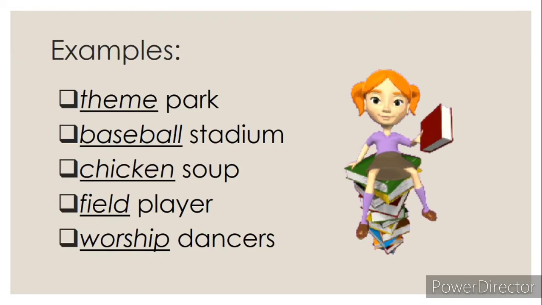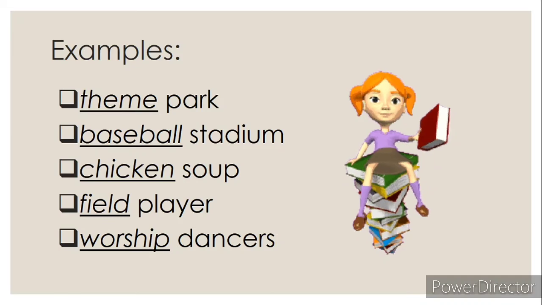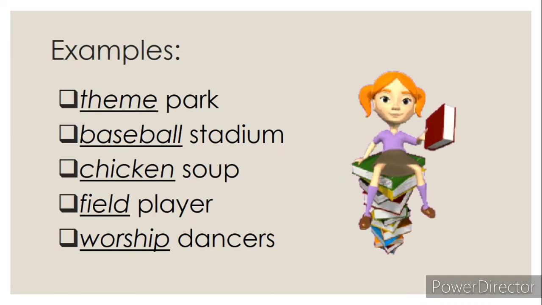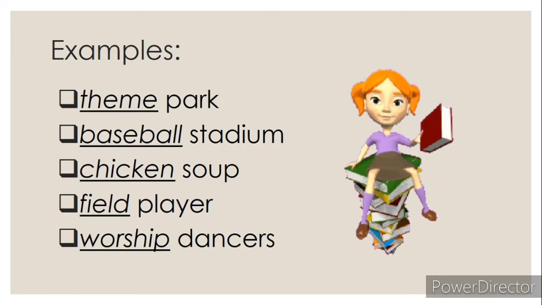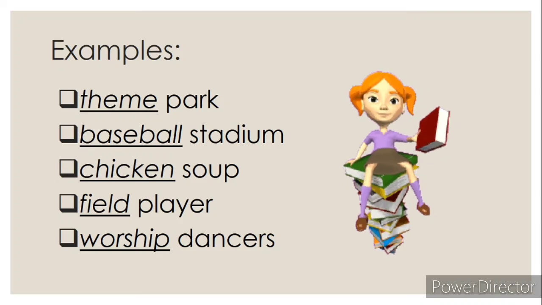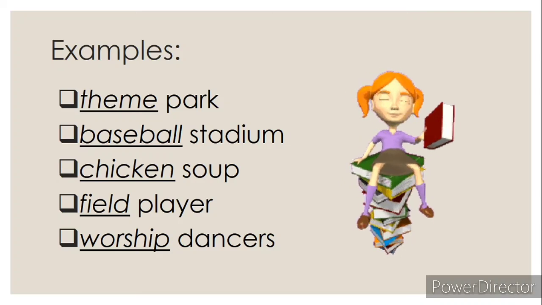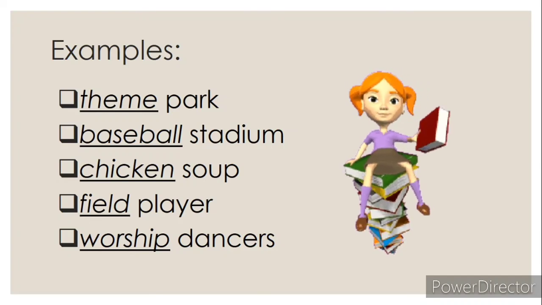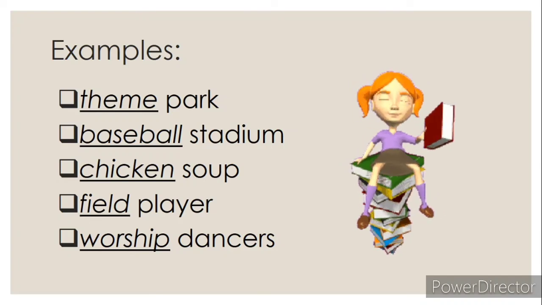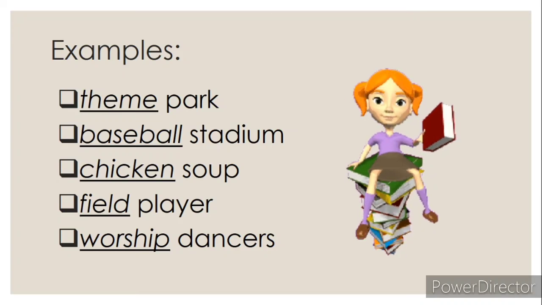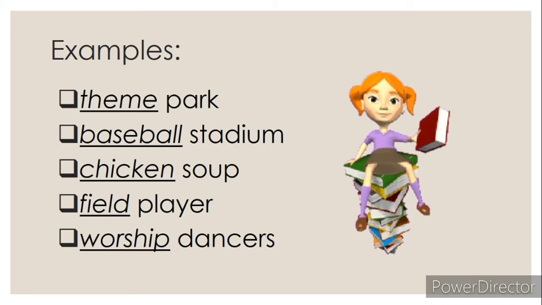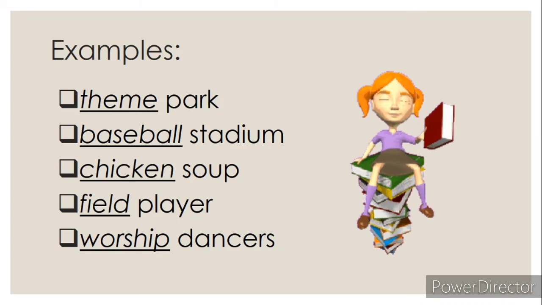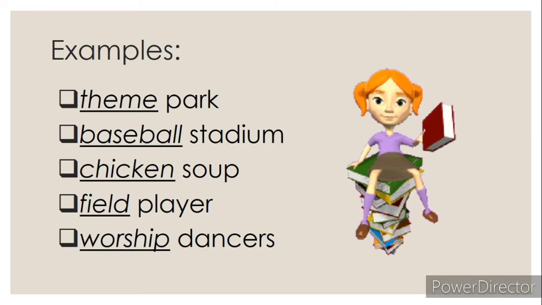So our theme is the adjunct noun that modifies another noun, park. Here, baseball. Baseball is an adjunct noun that modifies another noun, stadium. Next, chicken. Chicken is an adjunct noun that modifies the noun soup.